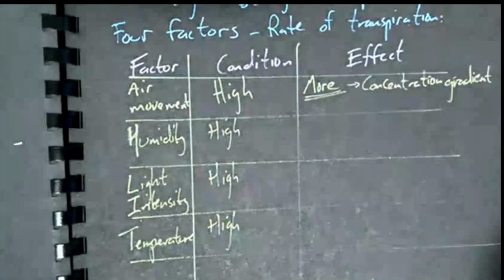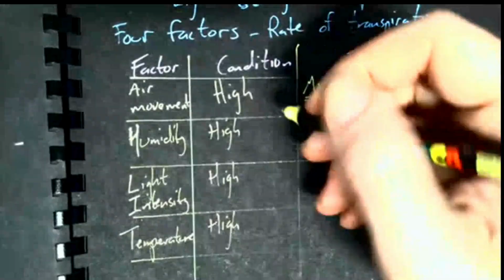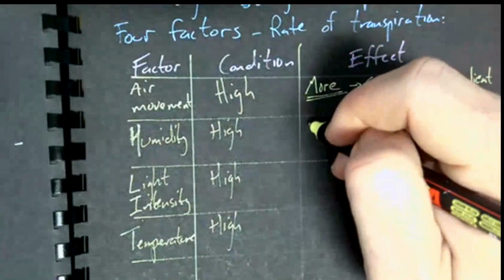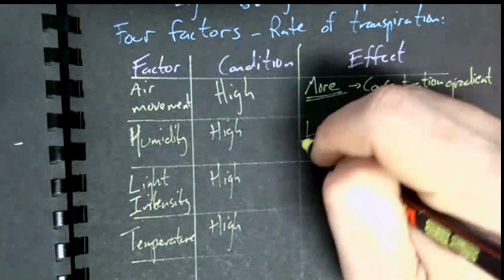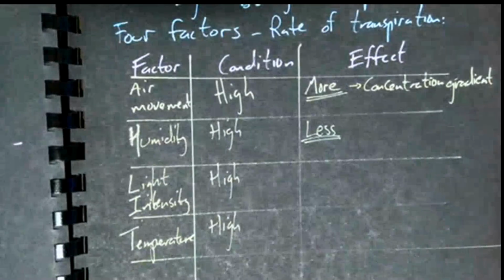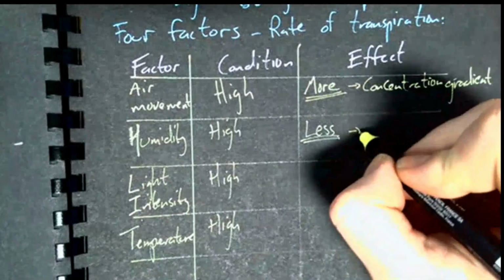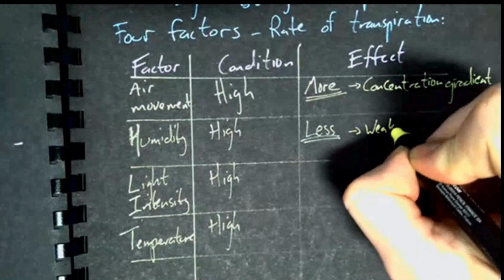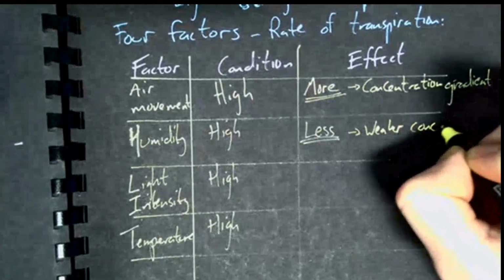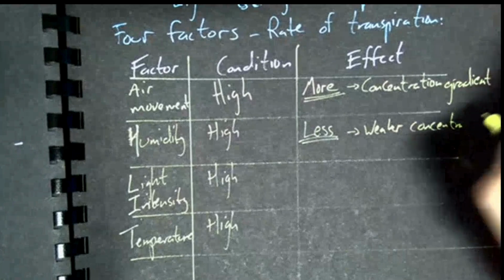So if I keep the humidity high, then my rate of transpiration is going to be less. Again, exactly as we said before, there's going to be a weaker concentration gradient.